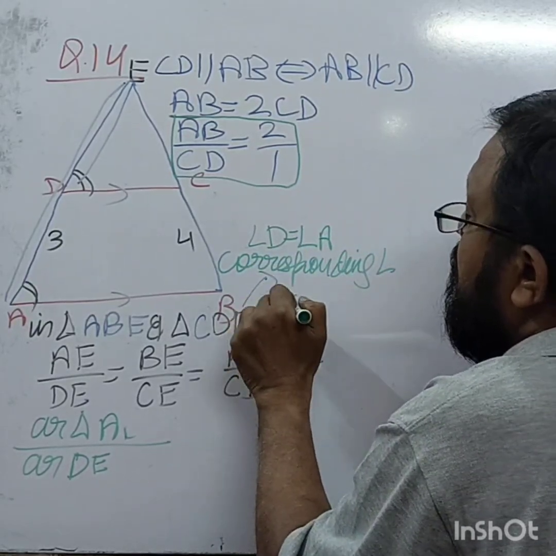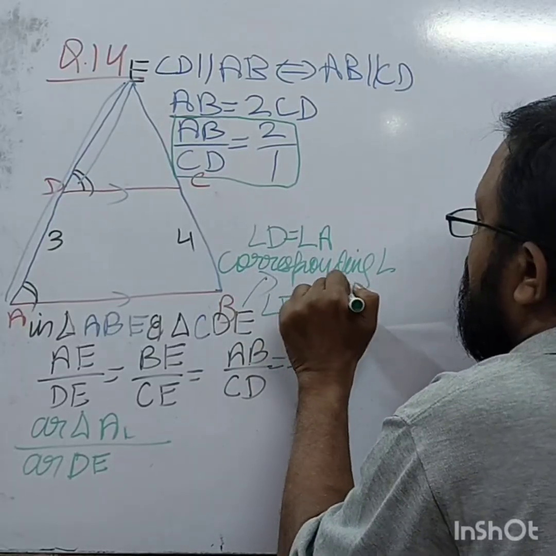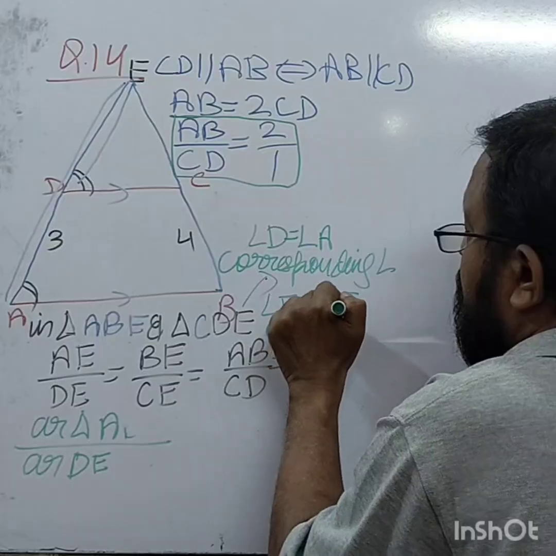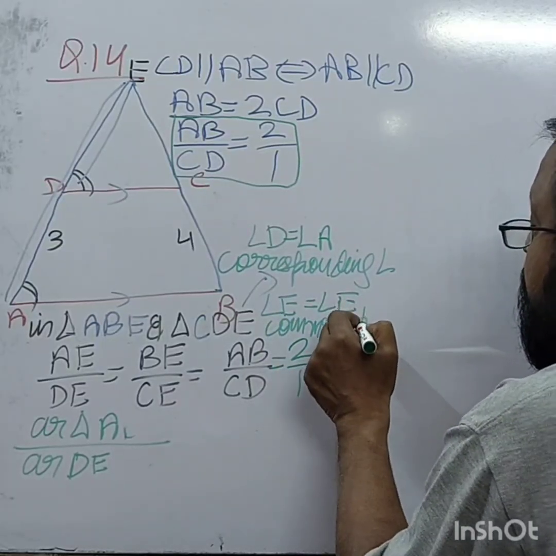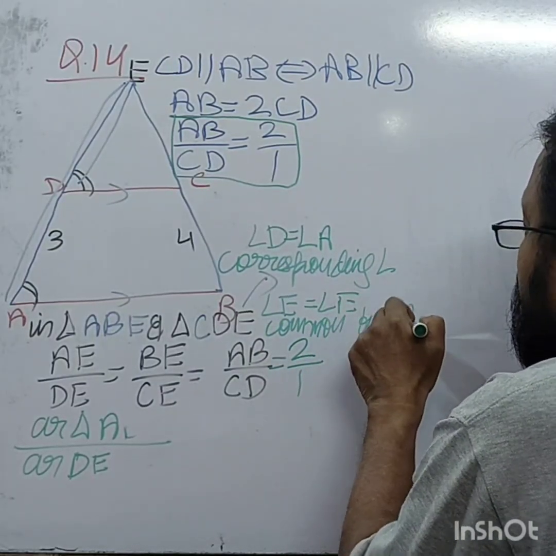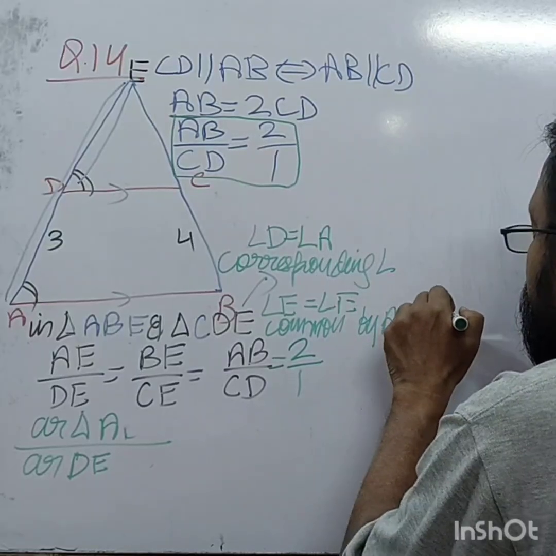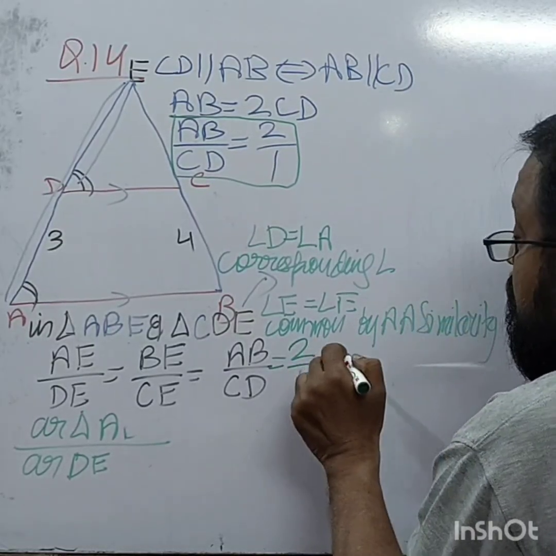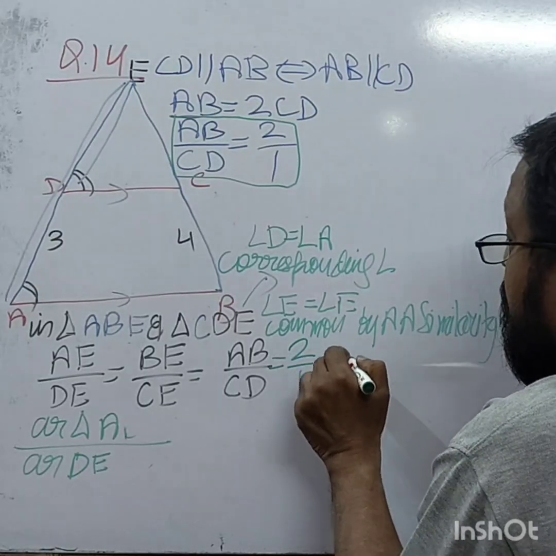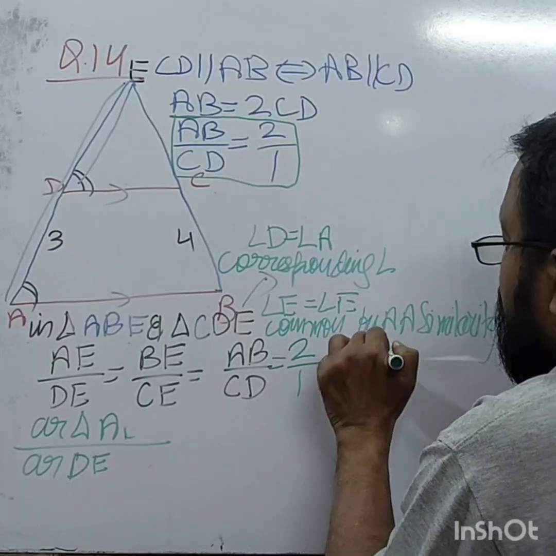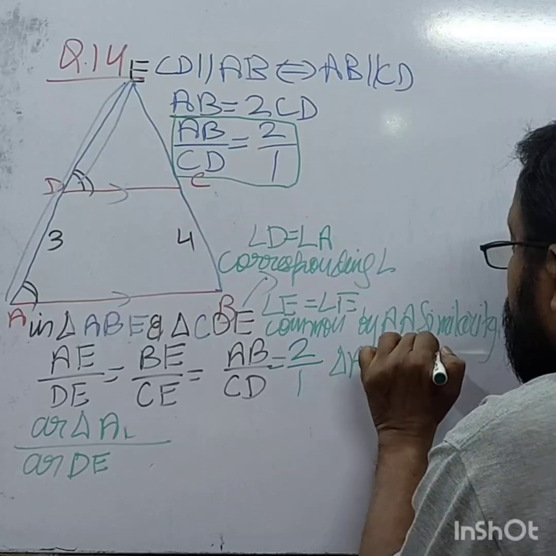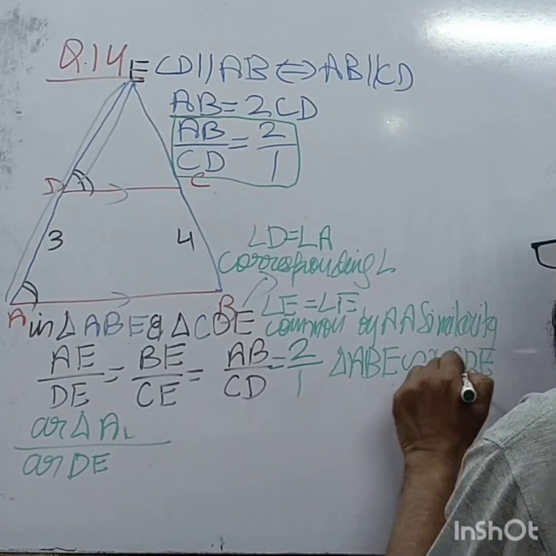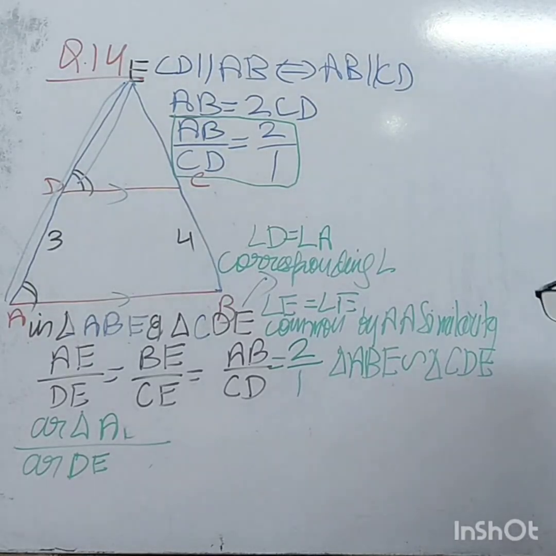And angle E is equal to angle E, common. So by AA similarity, triangle ABE is similar to triangle CDE, right?